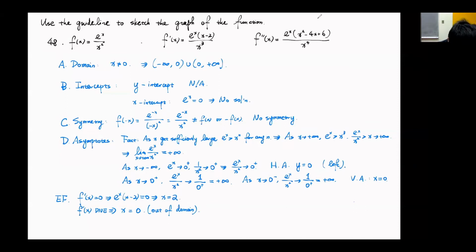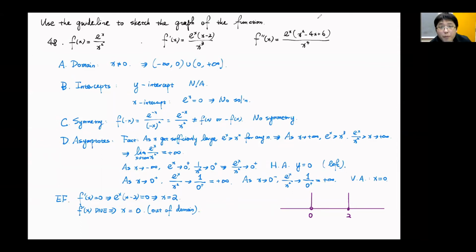All right, so these are my critical numbers. Now let me draw the number line. I have the number 2 with the solid dot, and the number 0 with the hollow dot. These two numbers separate the real line into parts, and I need to analyze the increasing and decreasing on both sides.